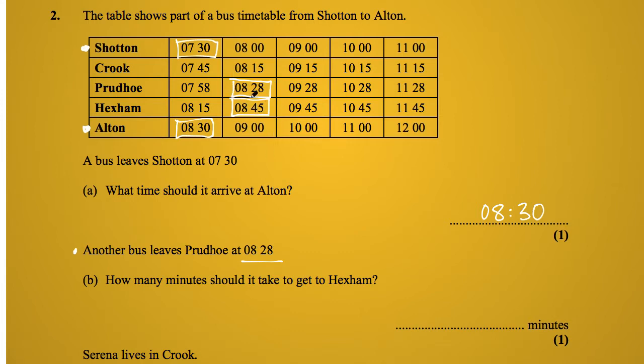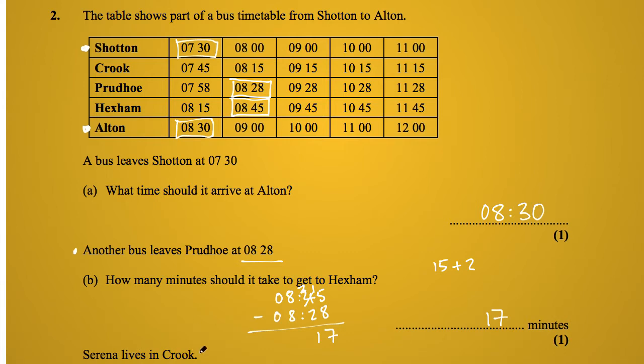Because they both begin with 08, it's easiest to do a straightforward subtraction: 8:45 minus 8:28. 8 from 5 doesn't work, so we have to borrow. 8 from 15 is 7, and 2 from 3 is 1. 17 minutes. Another way you might have done that in your head, which is probably quicker, is to say 8:30 to 8:45 is 15 minutes, and that's 2 minutes before 8:30, so 15 plus 2 is 17 minutes.